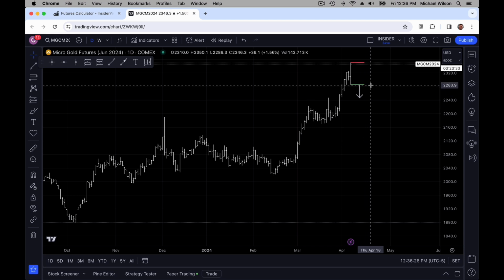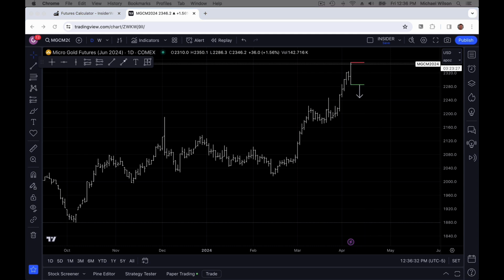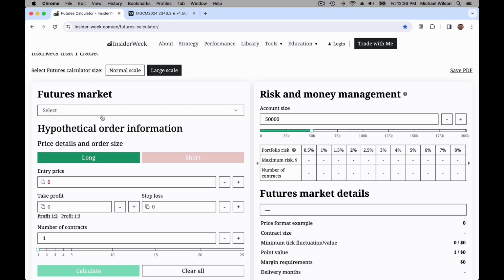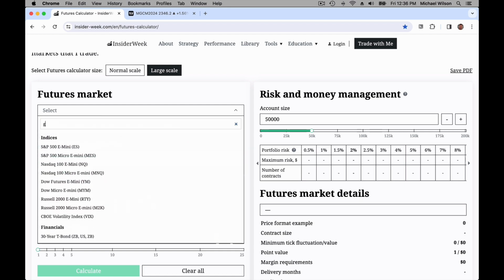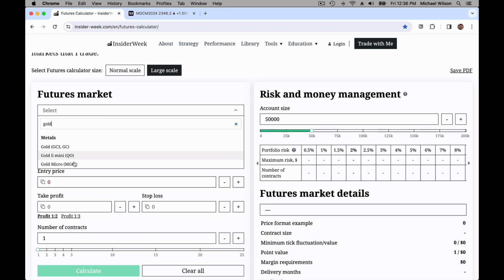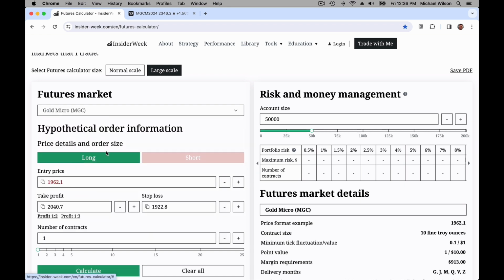So the first thing I want to do is figure out my entry price, and it's the daily low here, and that's 2286.3. I'm going to take that value. I'm going to first select the gold, micro gold futures contracts right here.